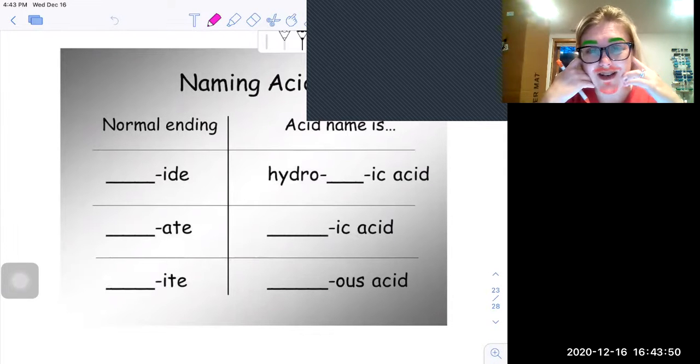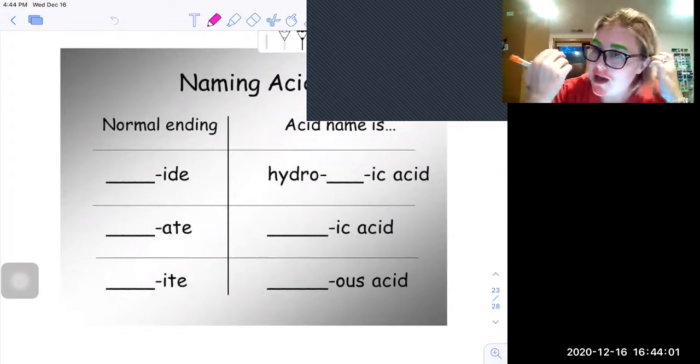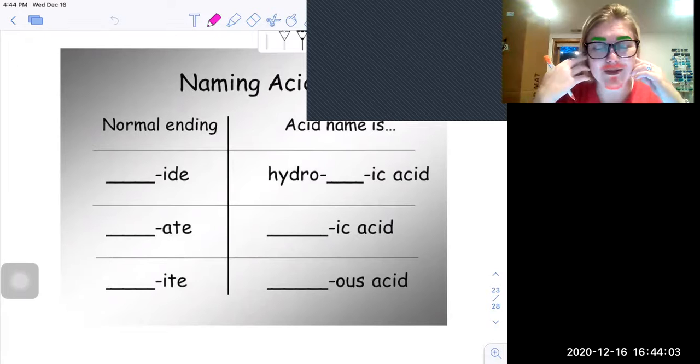So I'm here today to talk to you about acids. Acids are going to be so important as we move forward. You're going to be given compounds galore and expected to name them when we come back to in person, which we will. You're going to be using acids in so many labs, and so you really need to know how to name acids.